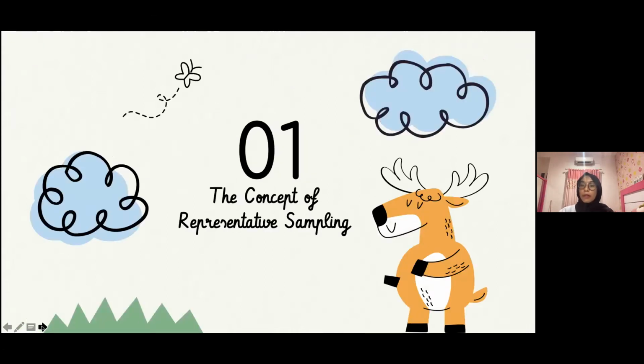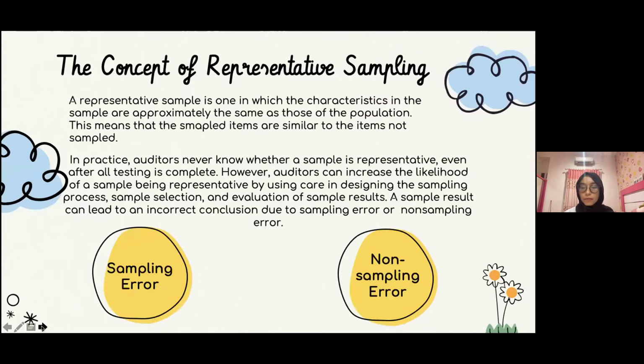The first part is the concept of representative sampling that will be presented by me. A representative sample is one in which the characteristics in the sample are approximately the same as those of the population. This means that these sample items are similar to the items not sampled.